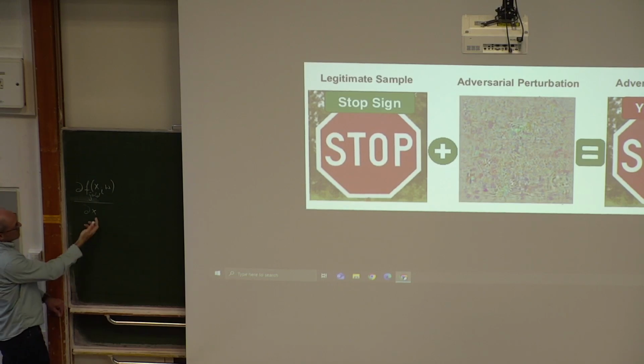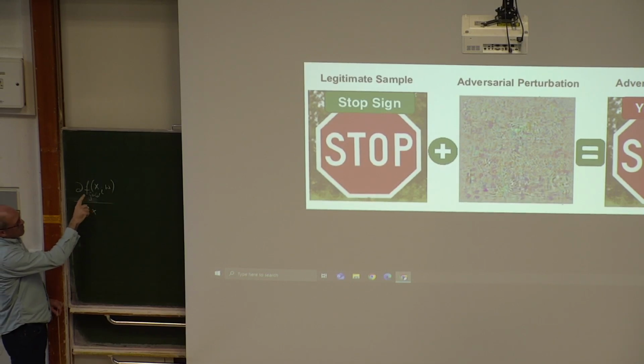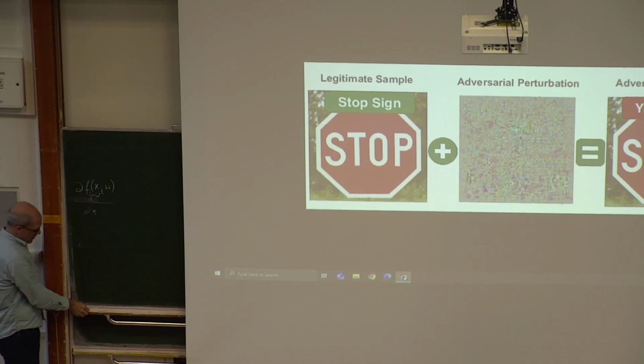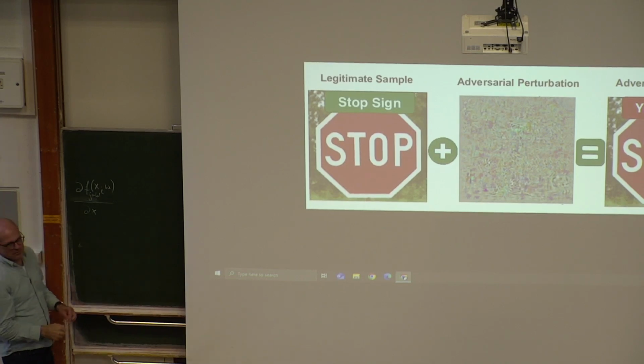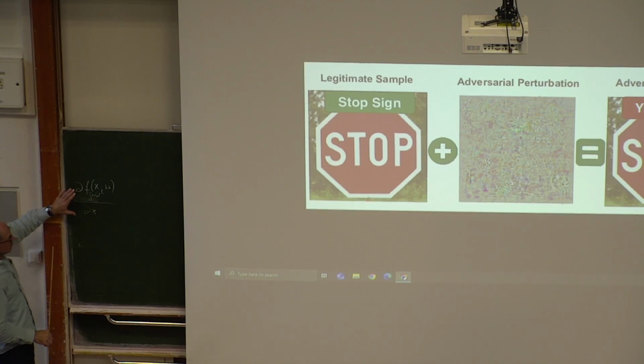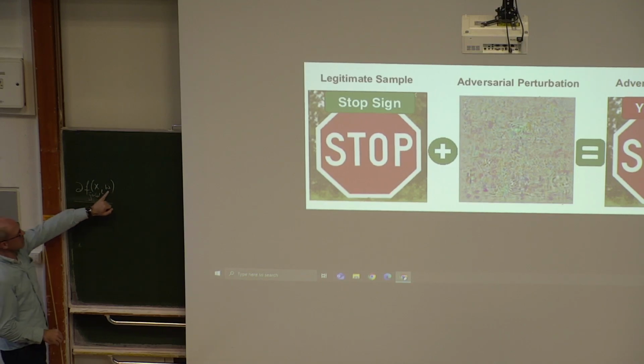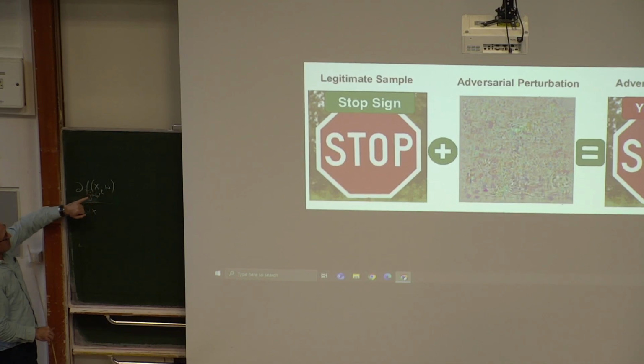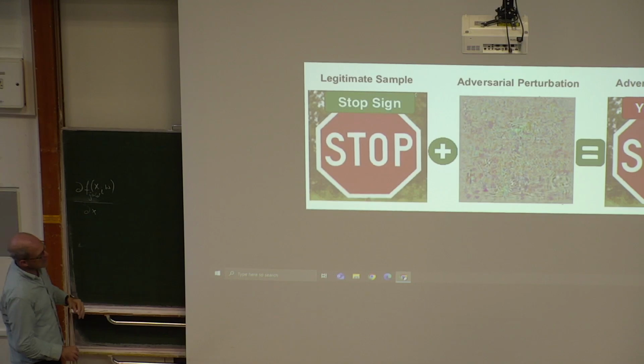This will tell us how we need to change the input image so that the probability of yield goes up. We just use standard backprop, but this time we don't minimize a loss, and we don't backprop with respect to the parameters, but we backprop the activation of one particular class with respect to the input.